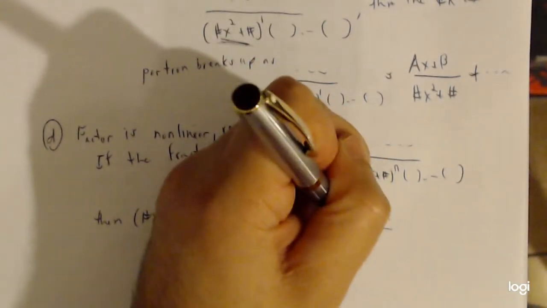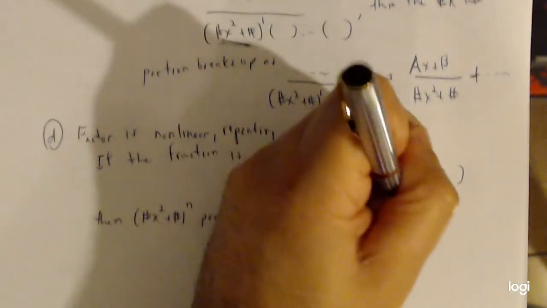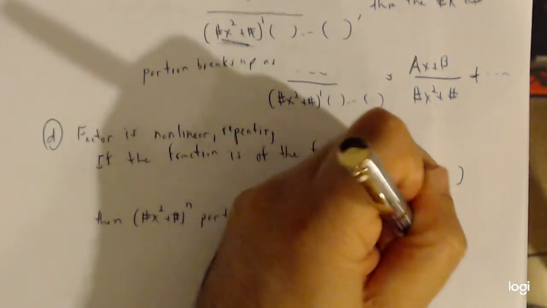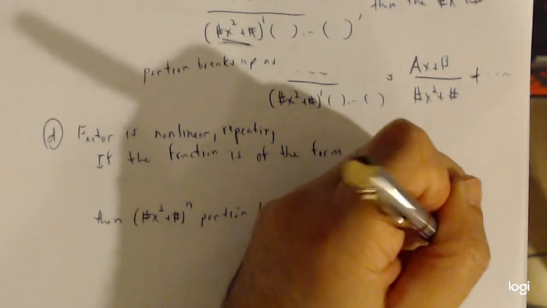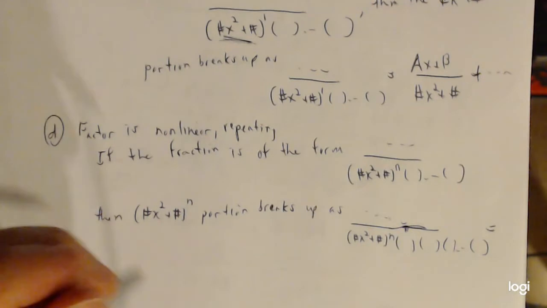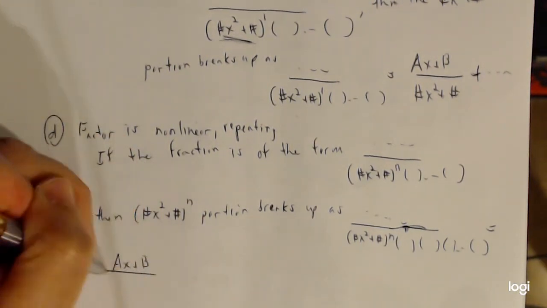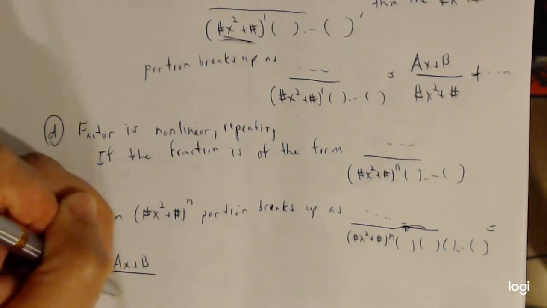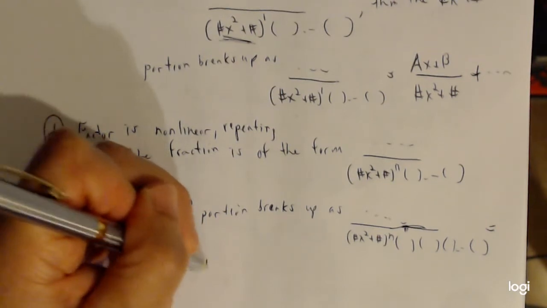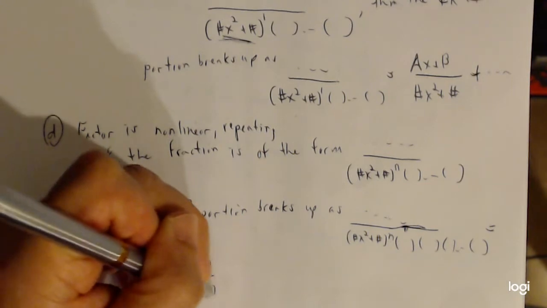And then obviously we have a bunch of these other factors here. So that's going to break up as follows. So that will break up as ax plus b over a number x squared plus a number, plus cx plus d over, what's going to happen now, a number x squared plus a number to the power of 2.